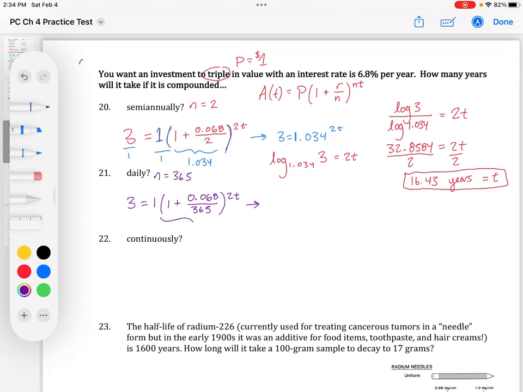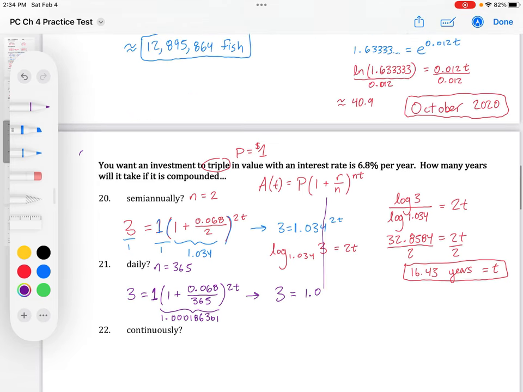Again, we're going to start by just plugging the part in the parentheses in our calculator. And if you do that, you get 1.000186301. Okay, so now I have 3 equals, you don't really need to worry about the 1 in front of the parentheses.